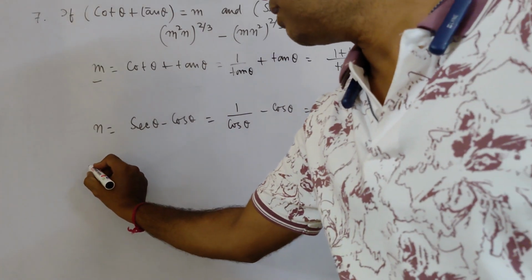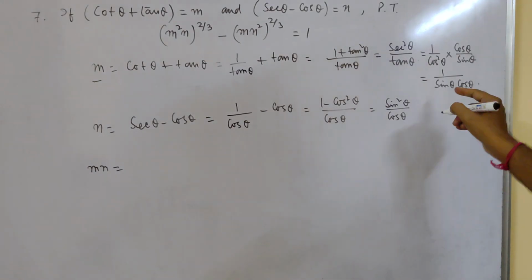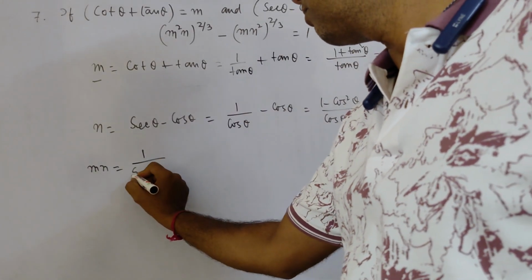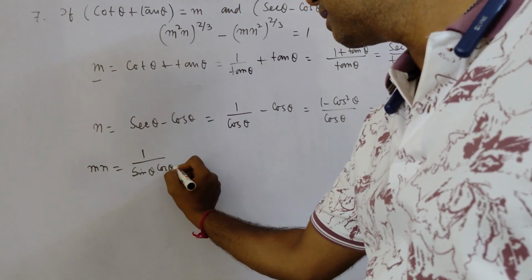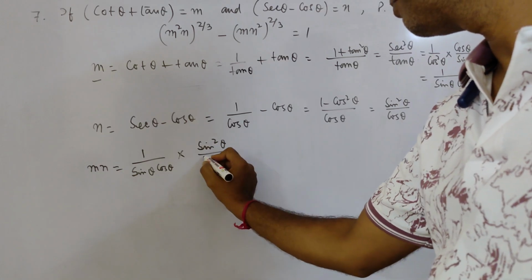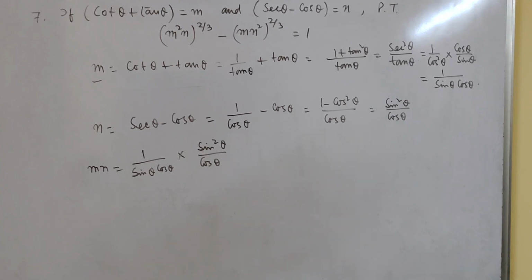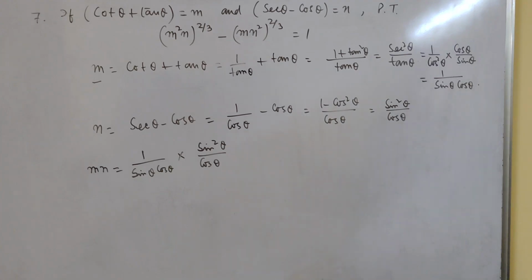Another term we will evaluate, that is mn. So m is equal to 1 by sin theta cos theta, and n is equal to sin squared theta by cos theta. Now in the left hand side we have m square n whole to the power 2 by 3.